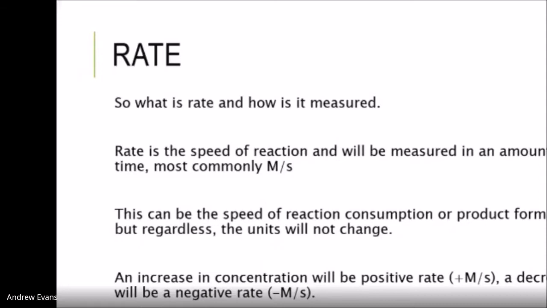Now, with a reaction, we're going to look at it as a molarity per second. We can look at it as atoms per second, but more commonly as a molarity per second. And so this is going to be the speed of reactant consumption. So how fast is the reactant being used up and then going away, or the speed at which a product is formed. But regardless of what we're looking at, the units will not change. It will be a molarity over a second.